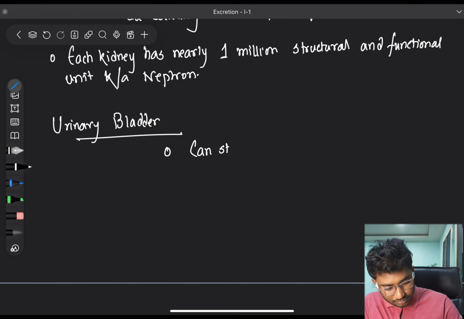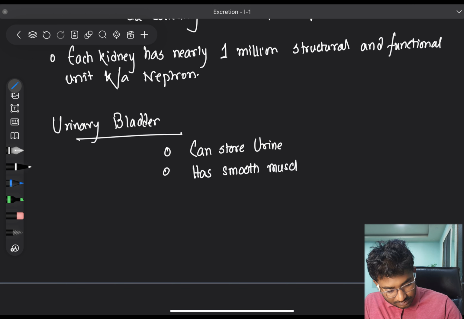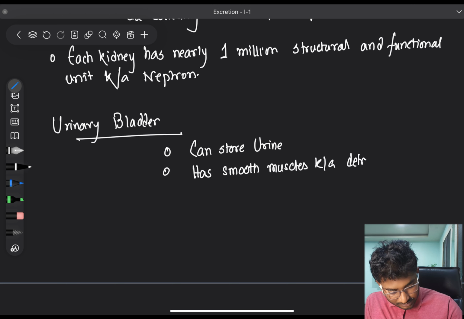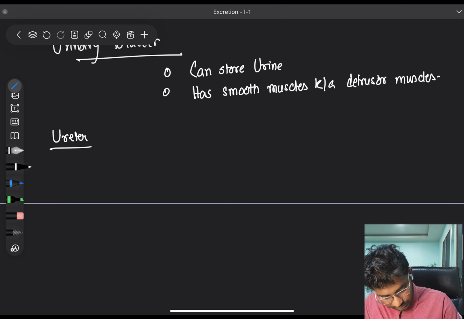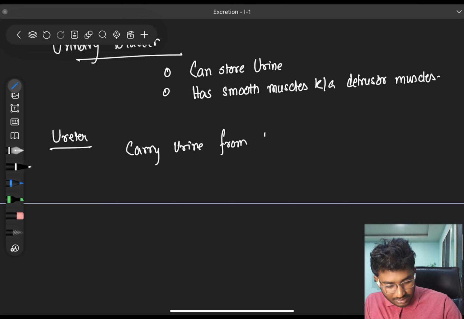So the urinary bladder can store urine, and has smooth muscles known as detrusor muscles. The third one is the ureter, which carries urine from kidney to bladder.